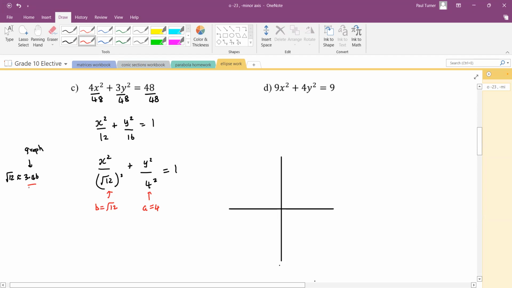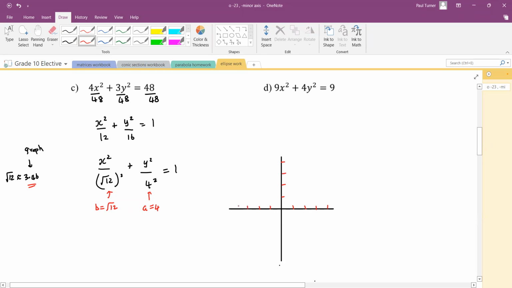When we draw our graphs, root 12 is approximately 3.46. And that will give us an idea of how to graph it. So let's look at our graph. So we're going to go out 1, 2, 3, 4, maybe 4 units up and 4 units down.